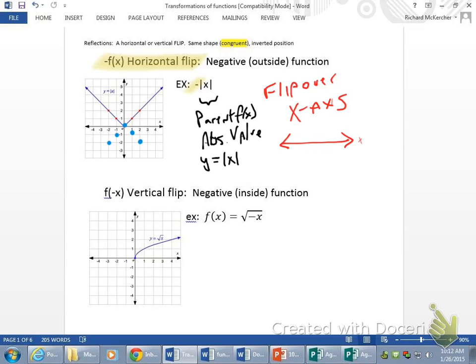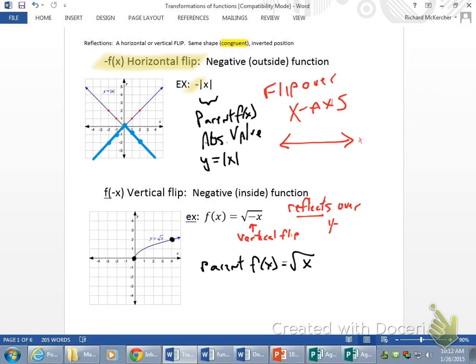And again, right there you can see where it's flipping over the x-axis. And when we're on the inside, here's a different parent function. We're going to get a vertical flip, or a vertical reflection.